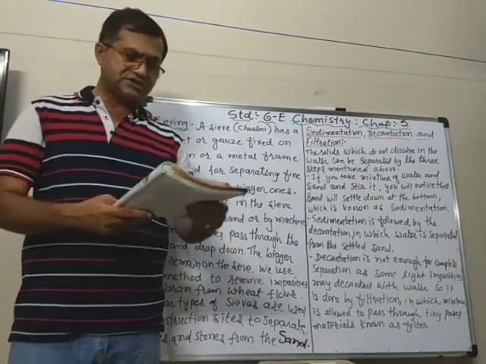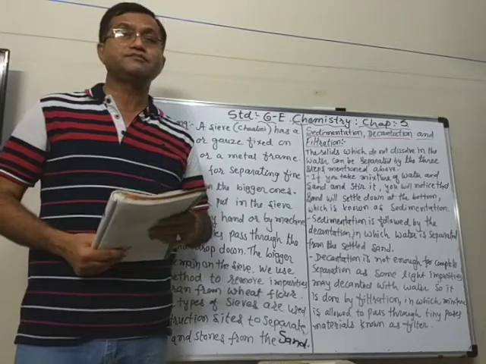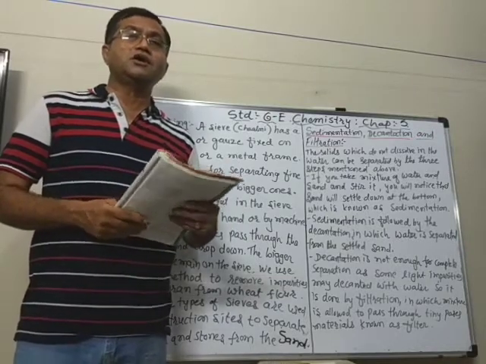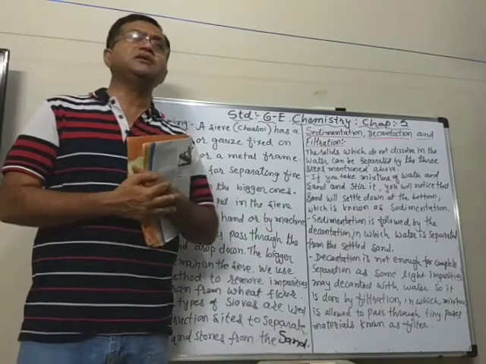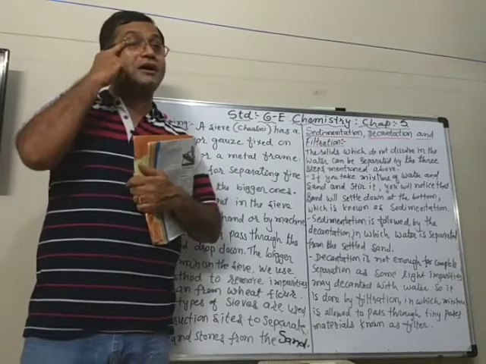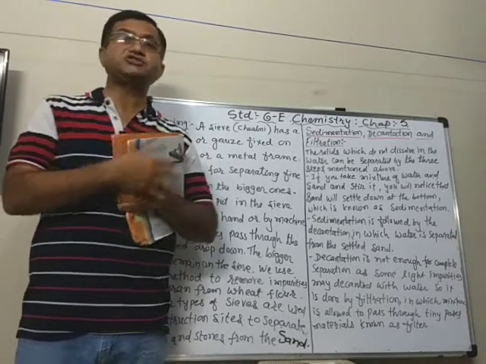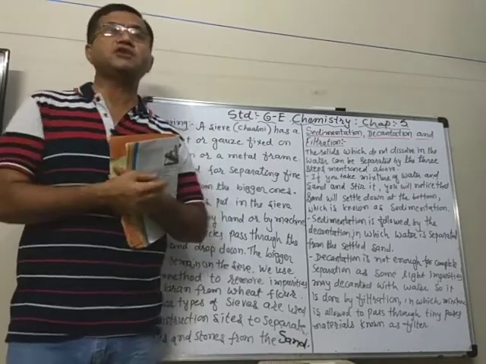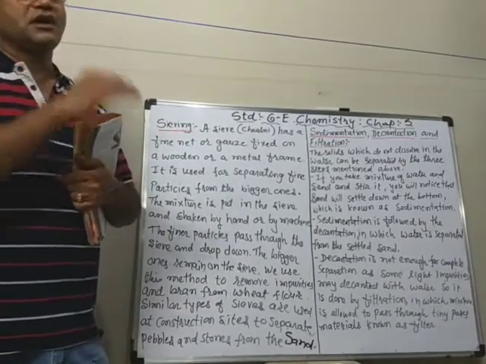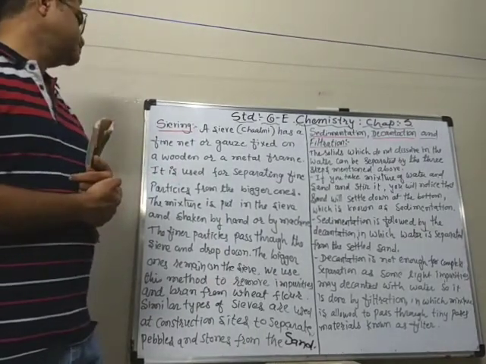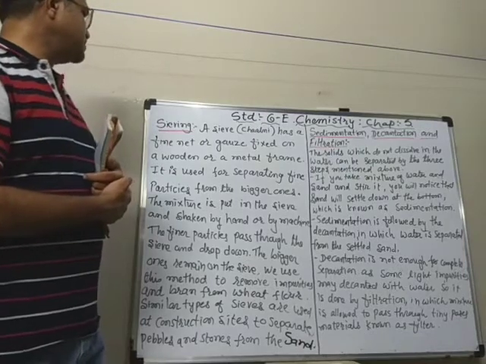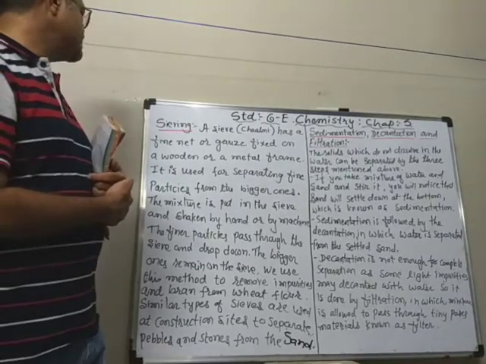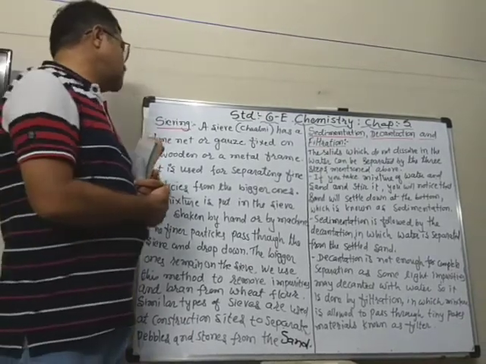You know how the charni looks? So, the wooden or the metal frame is there, and the fine net or the gauze material is fixed. And it is used for separating fine particles from the bigger ones.